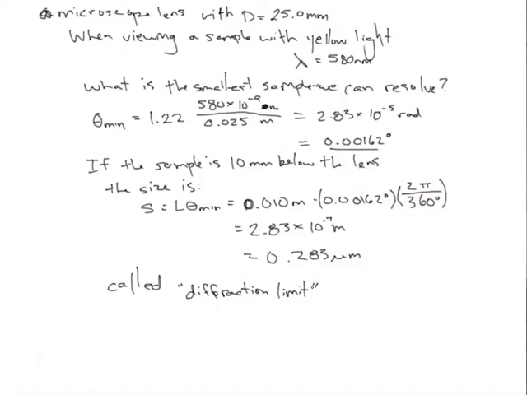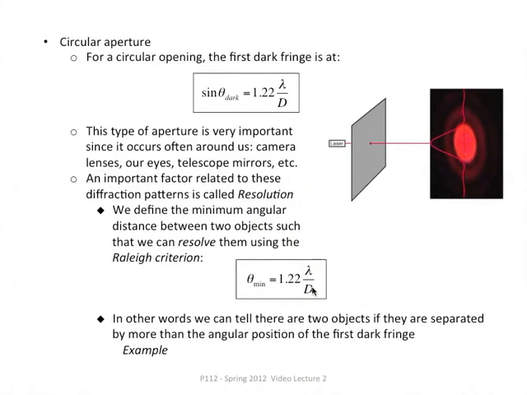Okay, so that gives us an example of the circular aperture. We're, again, remember, talking about diffraction here. Diffraction through a single slit is where we started, and we derived where the locations of the dark fringes were for those single slits.